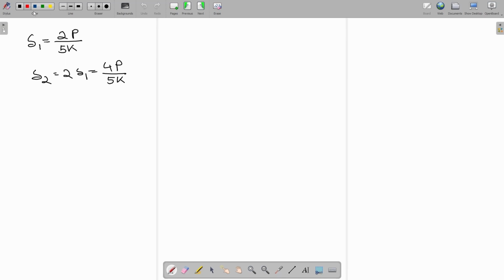We know that R1 is equal to K of delta 1. It is given as K into 2P by 5K.